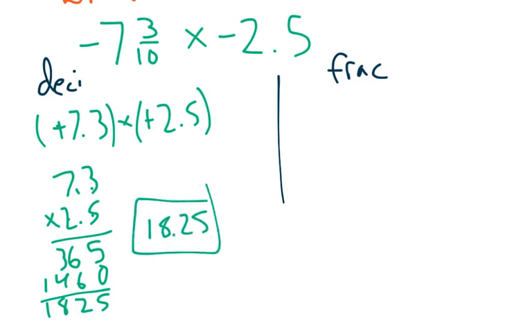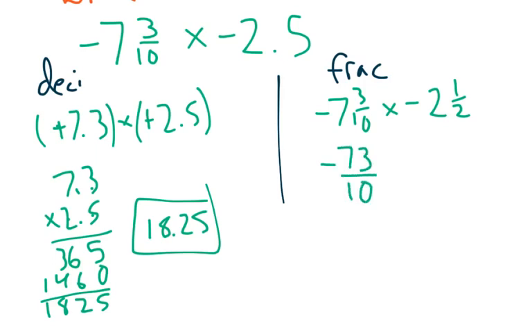So that's one answer. If I do it with fractions, I can make this negative 7 and 3/10 times negative 2 and 1/2. Here I would have to convert these to improper fractions. So I would get negative 73 over 10 times negative 5 over 2.